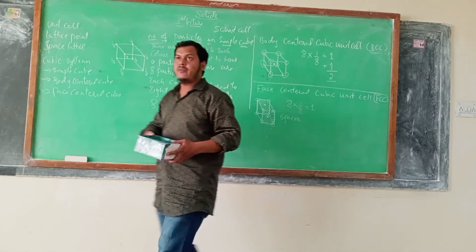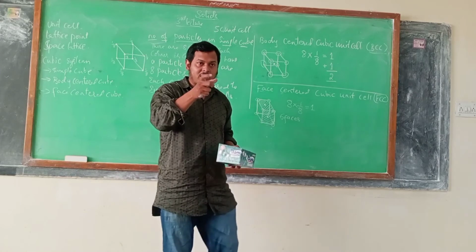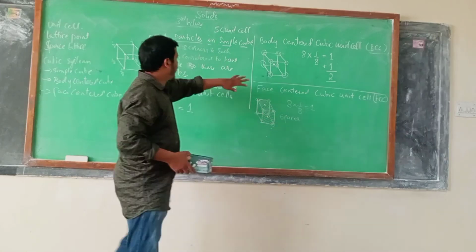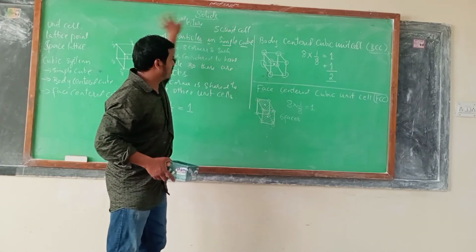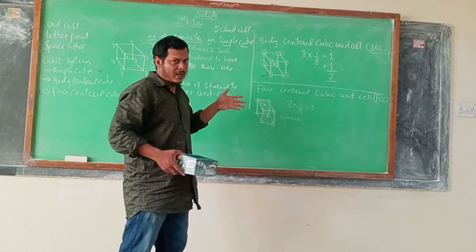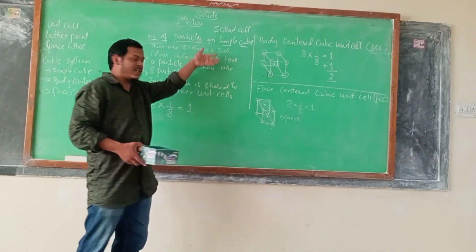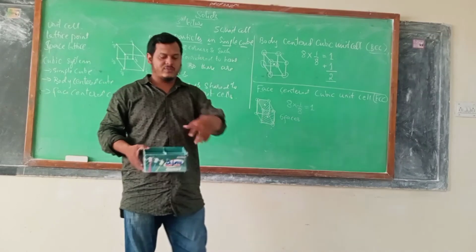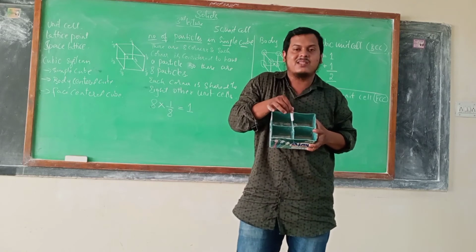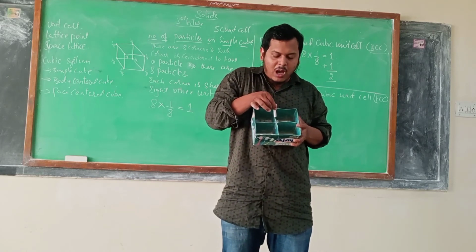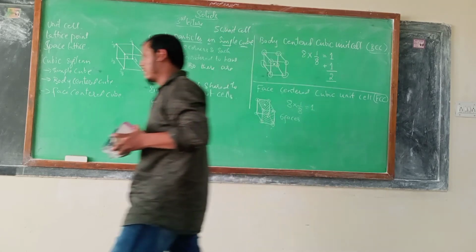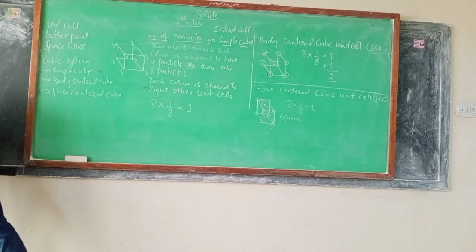If one particle is present exactly at the center of the face, I will get half of this particle, and the class next to this one will get half. If I keep anything exactly at the center of this wall, half is shared by this one and half by that one. Understood?